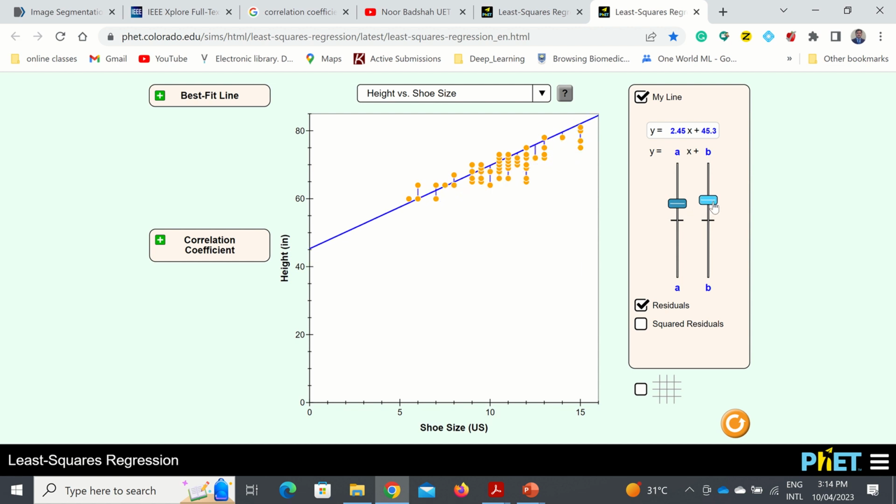If you go for the squared residual, in that case, what would happen? We'll be drawing a square here, whose length and width will both be the same. That will be the distance of the predicted value from the observed value.